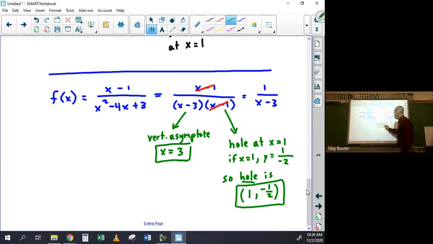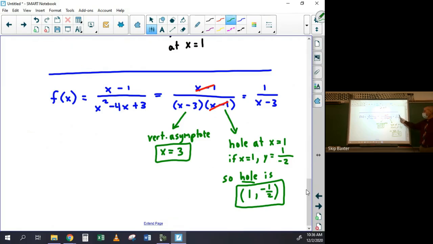The vertical asymptote is the equation of that vertical line. Just looking at the original function, this function looks exactly like this function, except there's a hole at this point. So what does this function look like? If you remember, we did a section on graphing functions without a calculator.